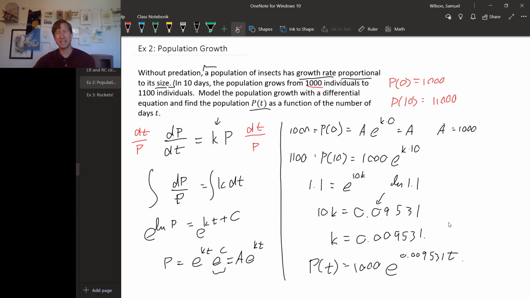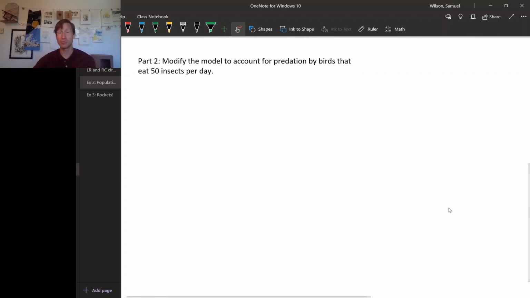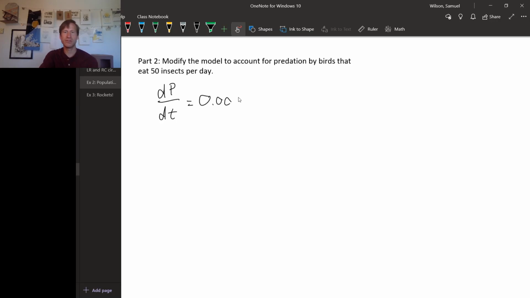Of course, this was all without predation. So let's ask ourselves, how could we modify this model to account for predation? So let's suppose that there's a population of birds in the area that eat 50 insects per day. Without predation, we have dp dt is 0.009531 times p, but then we need to subtract off the rate at which insects are being removed, right?